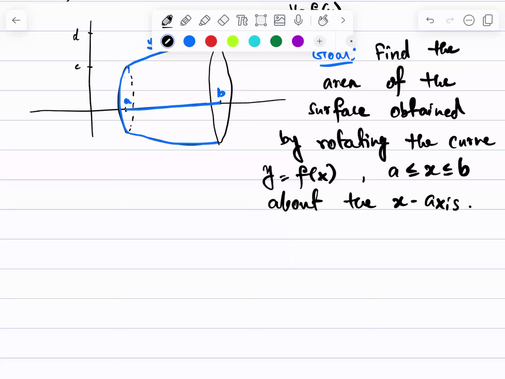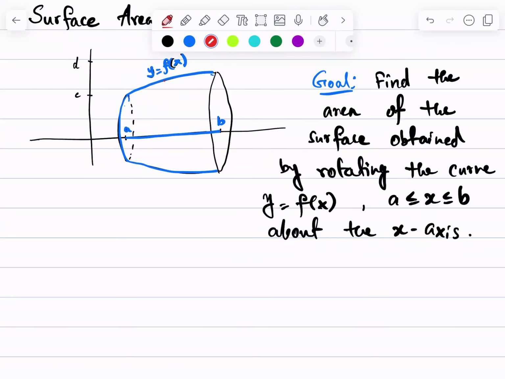So a little bit of theory behind this will be like this. If I take a very small, thin strip here, say this little nudge is ds.